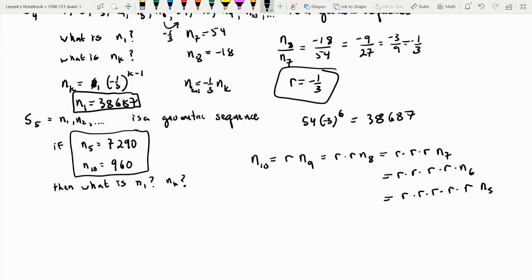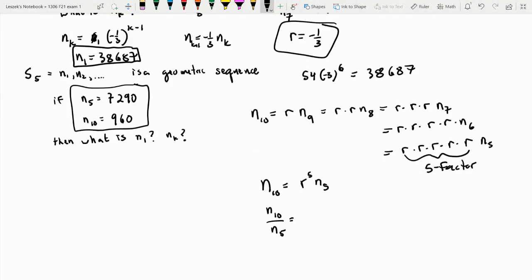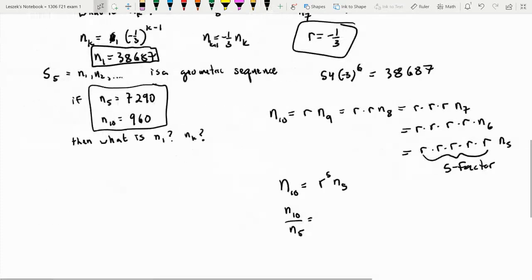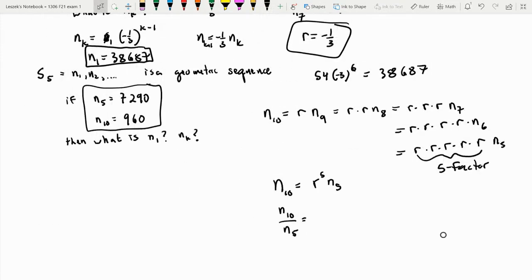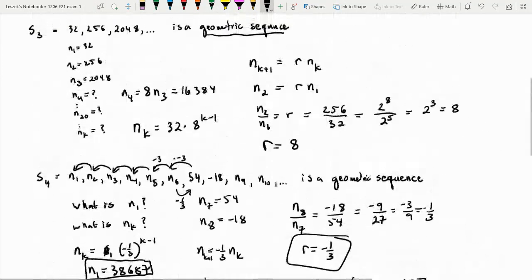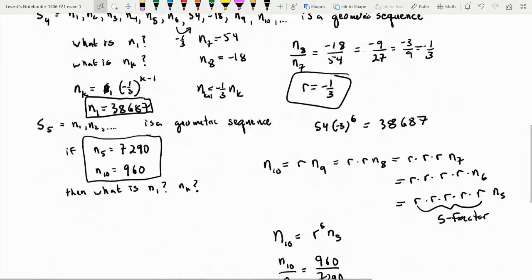Okay, so what we have is that the 10th term, which is given, is r times itself 5 times over. So we can write that as r to the power 5 times n5. So we can write down the 10th term in the sequence, divide by the 5th term, and that should be r to the power 5.